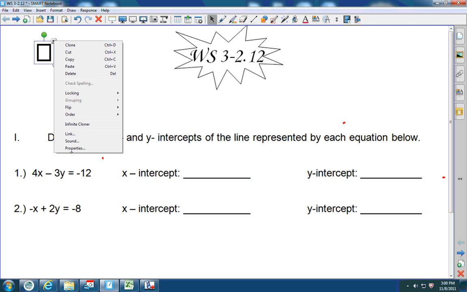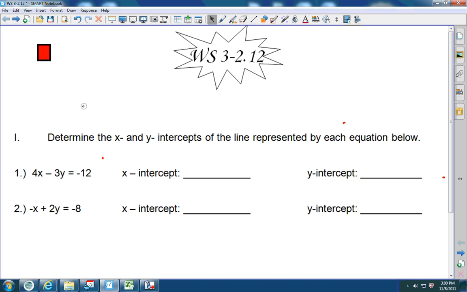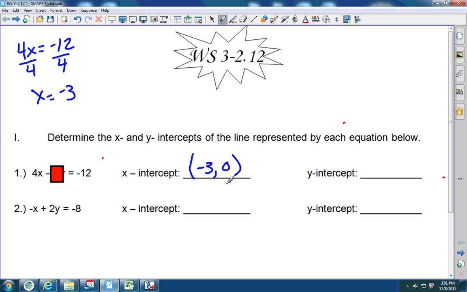Now, to find the x-intercept, I'm going to cover up the y. So I'm going to have 4x equals negative 12. I'm going to divide by 4, and I get x equals negative 3. So my x-intercept is negative 3, 0.